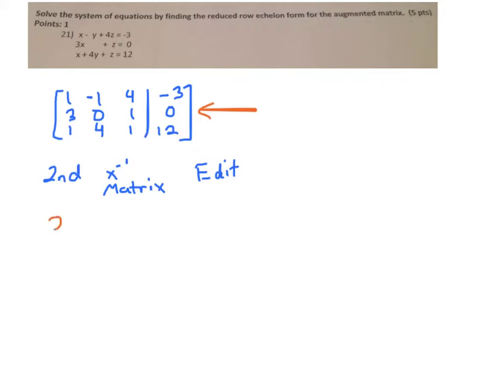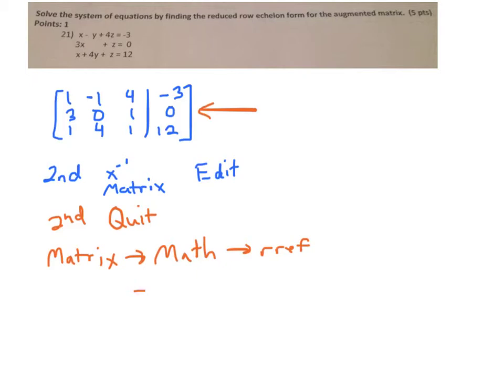Then you do second quit to get out of there. Then you go back to the matrix menu, and you go to math and scroll down to RREF. So you press enter on RREF, you go back to the matrix menu, and then you press the matrix you typed into, like if it was matrix A, then that needs to be next.